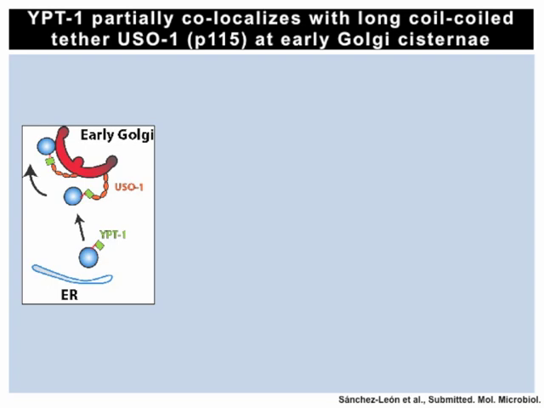It's a long coiled-coil tether that has been found in early Golgi cisternae. And yes, they were found in some cisternae, but we had to do some analysis to really show that they colocalize. So here you have the YPT1 channel, USO1, and here the merge. And some of these arrowheads show the cisternae that colocalize.